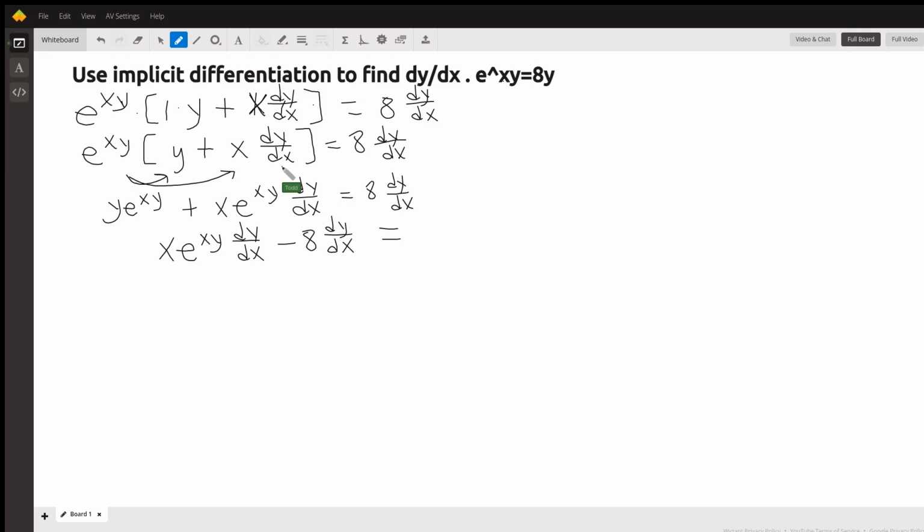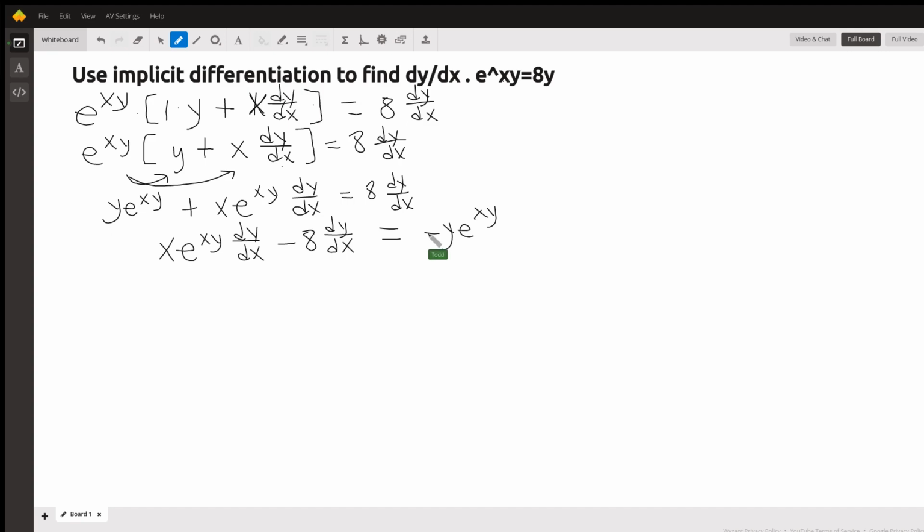On the opposite side, I need to get rid of that y e to the xy, so I'm going to subtract it from both sides. So I end up with negative y e to the xy. Now we have all our dy dx's on one side and everything else on the other.